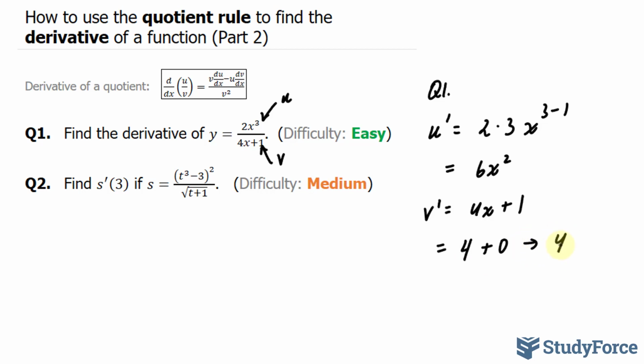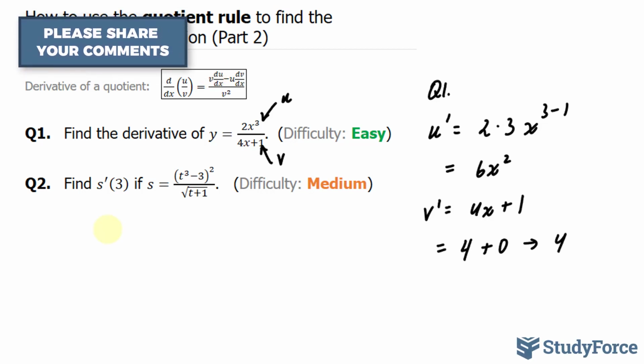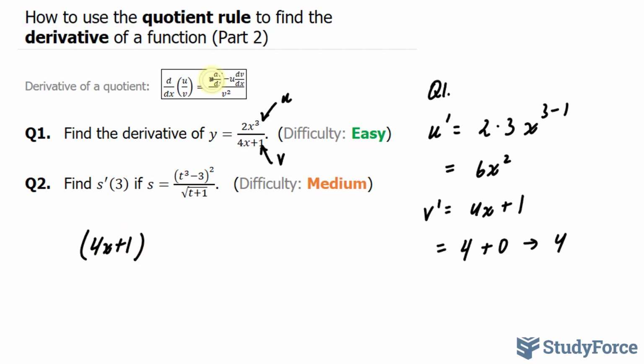Let's go ahead and substitute everything we know into this formula. We know what v is, that's 4x plus 1. That part is covered. Now we find out what du over dx is. This is du over dx, and that was equal to 6x squared minus u, which is, according to this, 2x to the power of 3.